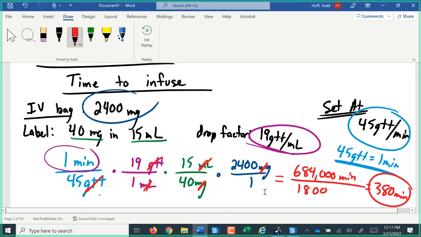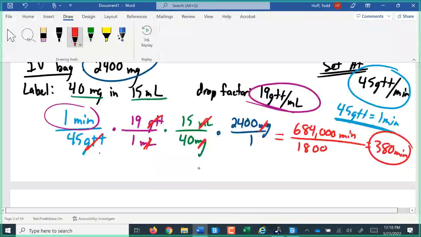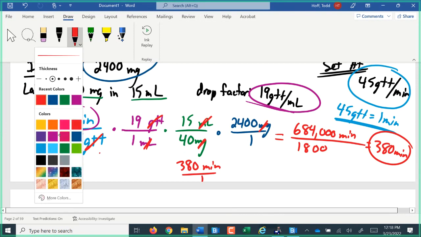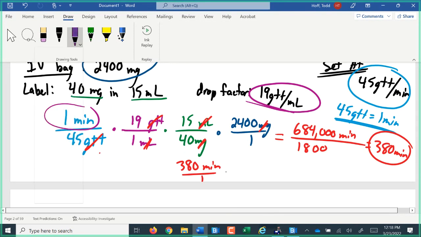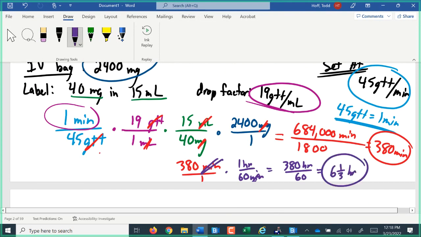Now, of course, we can convert that from 380 minutes into hours. Minutes over 1. 1 hour is 60 minutes. Minutes cancel out. We have 380 hours over 60. Divide that, that is 6 1/3 hours. Or 6 hours and 20 minutes.